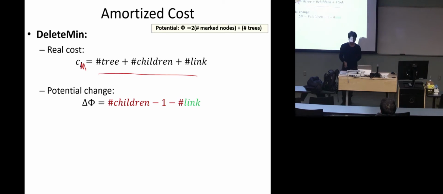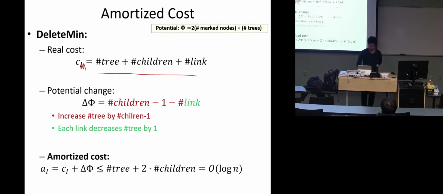The reason is that, first, the number of trees will increase by the number of children minus 1. Because you delete the min node, that decreases the number of trees, but you add this many new trees. So that's the number of children minus 1 new trees.